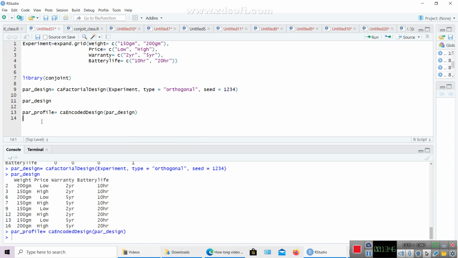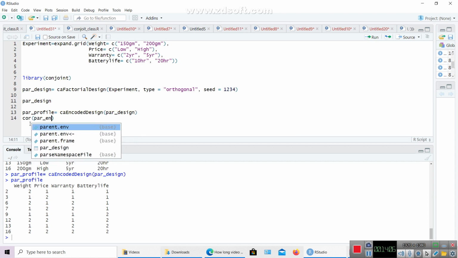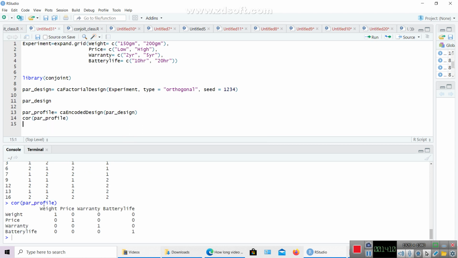Okay, so if I look at this object, this is the encoded version of my partial design. Again, if I check the correlation for my partial profiles or encoded profiles, it will give me zero correlation between various attributes.